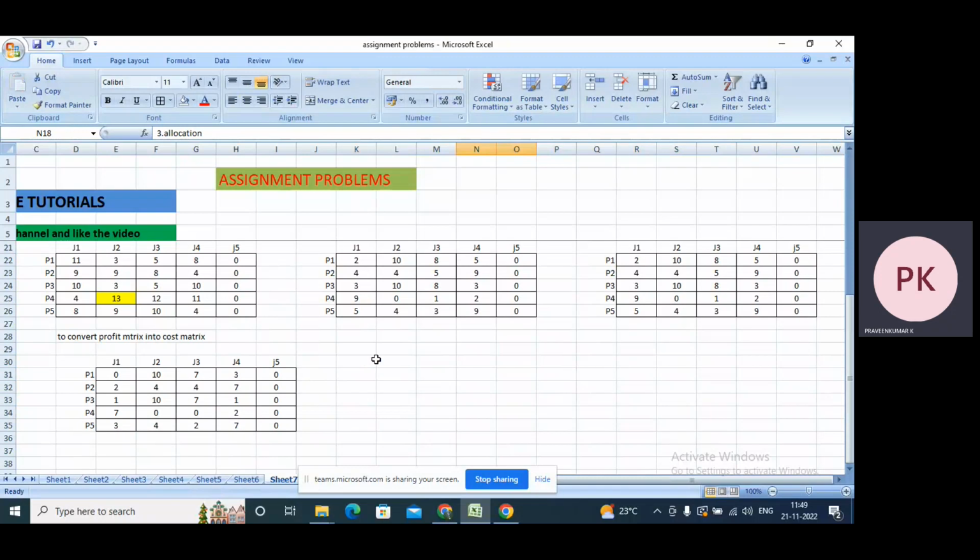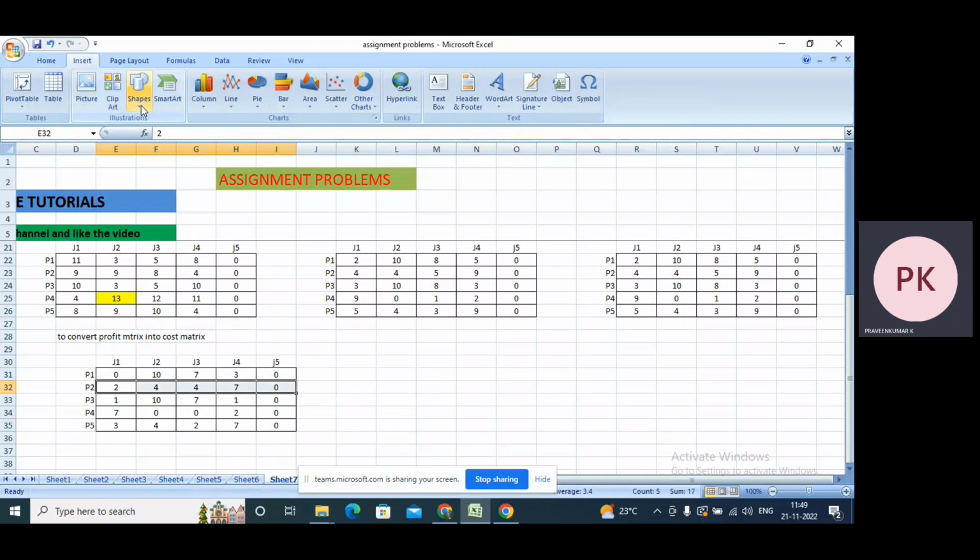In allocation, first go row wise, then go column wise. Identify the row having a single zero element. In the first row, we have two zeros, so I will not allocate. Look at the second row. In the second row, you have a single zero.